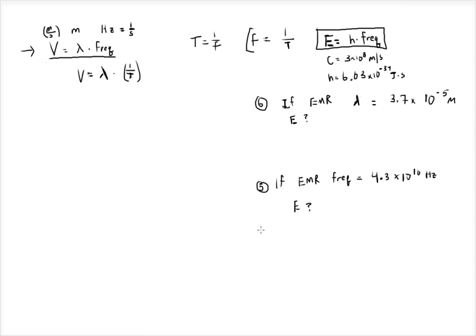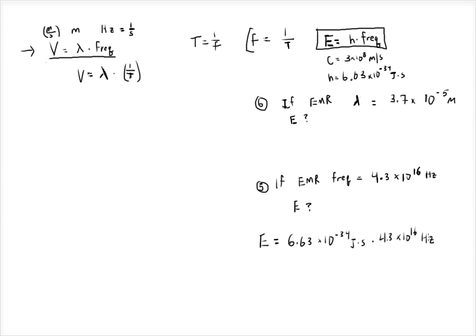In the really simple example, if I wanted you to find the energy of an electromagnetic wave with a frequency of 4.3 times 10 to the 16 hertz, which is pretty high, that might be like an X-ray or something, all I have to do is E equals Planck's constant, 6.63 times 10 to the negative 34 joules times seconds, and multiply it by our frequency, 4.3 times 10 to the 16 hertz.